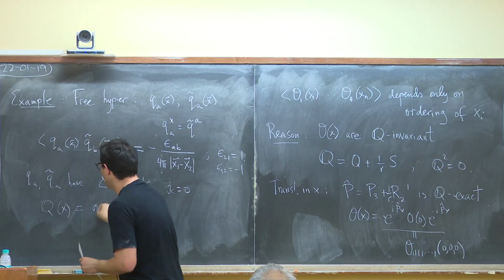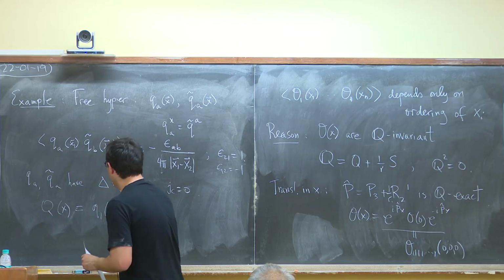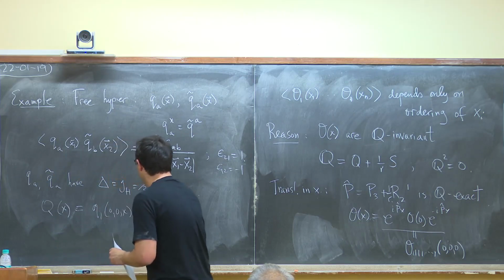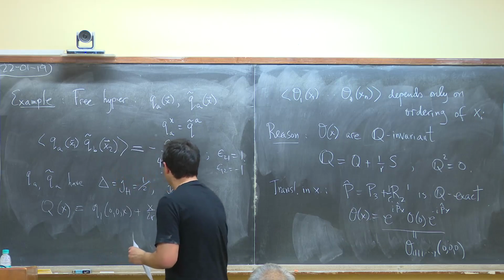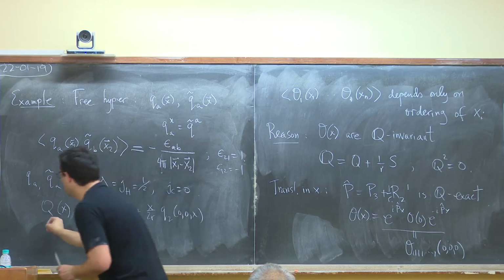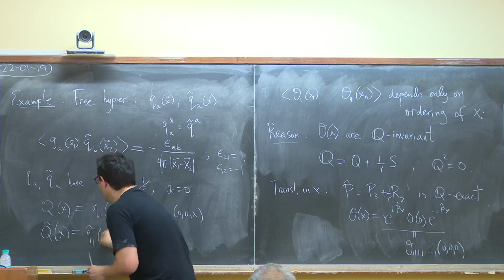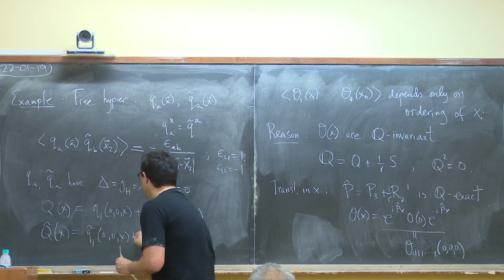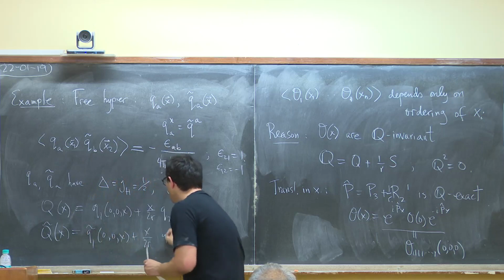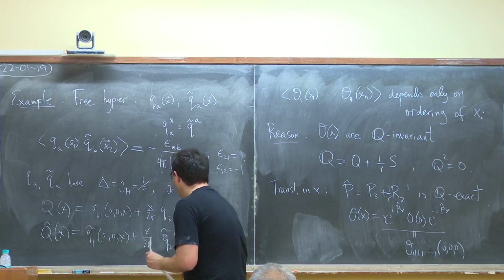So this is going to be q1 at 0, 0, x plus x over 2r q2 at 0, 0, x, and Q tilde of x, that's going to be q1 tilde at 0, 0, x plus x over 2r q2 tilde at 0, 0, x.